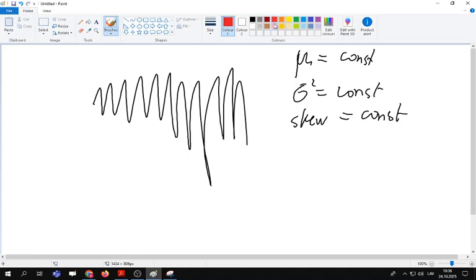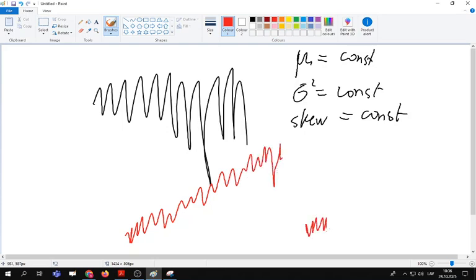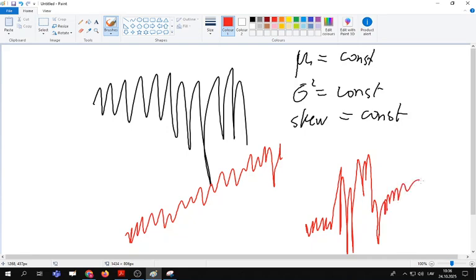Now, a non-stationary process is going to look more like this, or perhaps somehow like this. Now your sigma square and mu are actually changing. So mu is a function of time, just like sigma square is also a function of time.